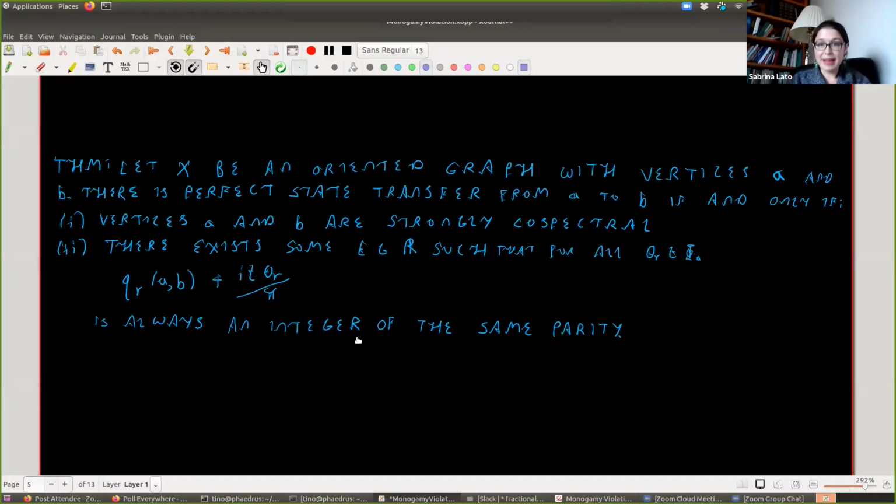So this is a characterization, but it has the same problem that the original definition of perfect state transfer has, in that you don't know anything about what the time t is. In the case that you're working with a real symmetric matrix, you can try to characterize when a vertex can be periodic, look at half that time, and then you know that you must have perfect state transfer at half that time or not at all. So let's try and do something similar and see how that goes.